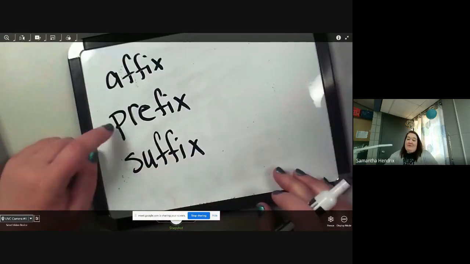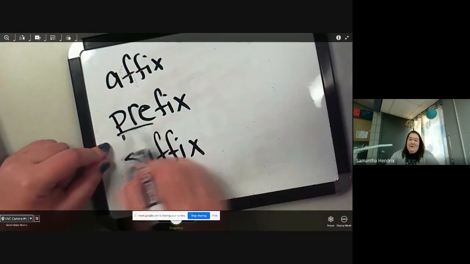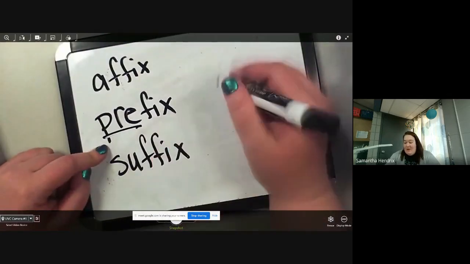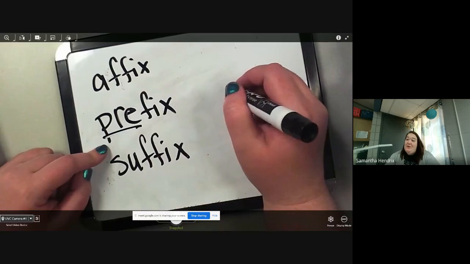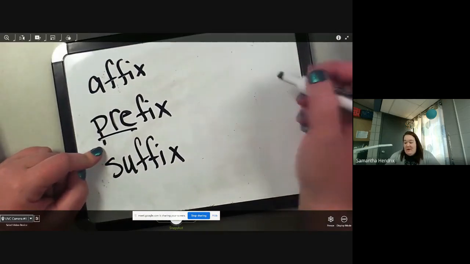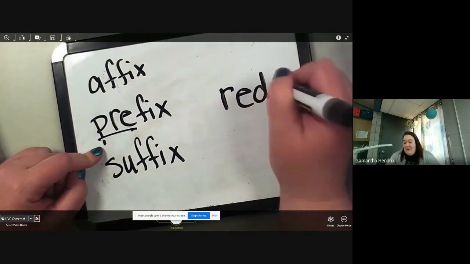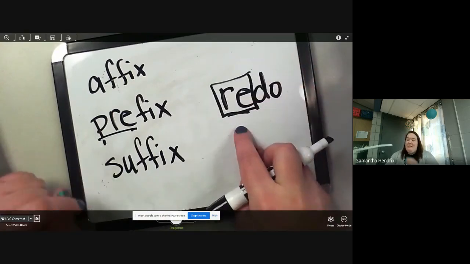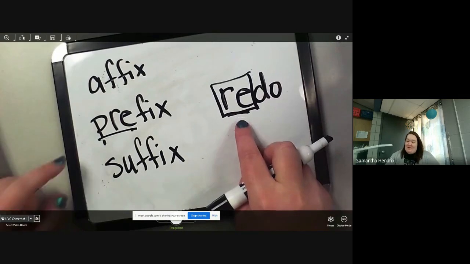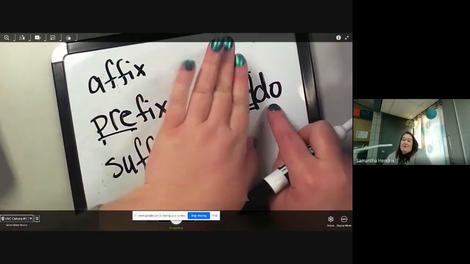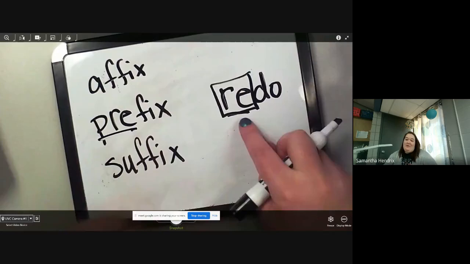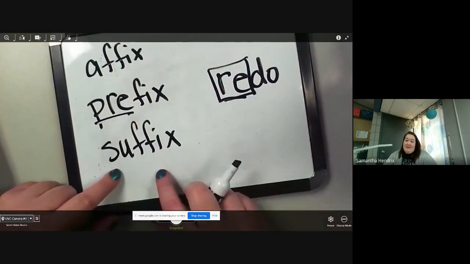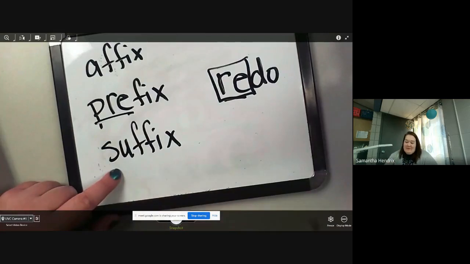Okay? Prefix, pre means before. So this is an example where it would go before the word. So do your work. Oh, you didn't do your work right. Redo your work. Re is the prefix because it goes before the original root word. Suffix goes at the end of the word.